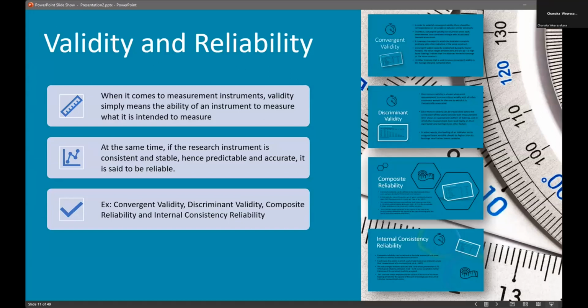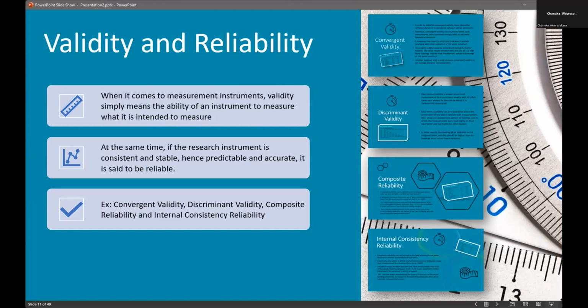If you are preparing a questionnaire to measure the perception of investors towards the Colombo Stock Exchange, it should measure exactly that, not anything else, not more, not less. If we are preparing a questionnaire to measure the stress level of the employees, it should measure the stress level of the employees. So that is basically validity. As I mentioned, the validity is accuracy. The instrument should measure what it is intended to measure.